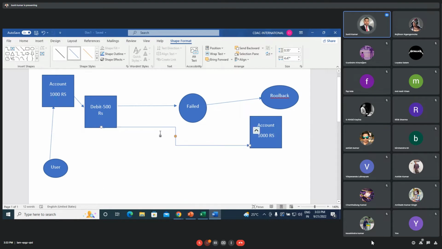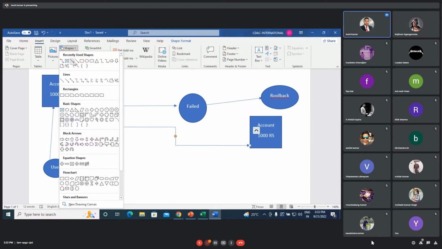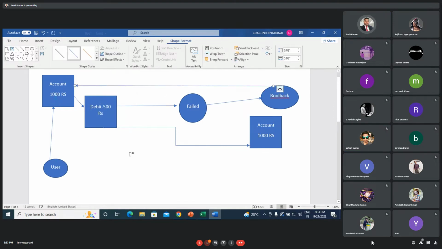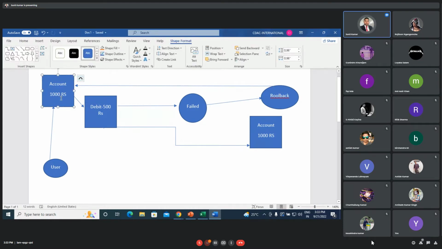Rollback. If the transaction fails, it should revert. That means it should go back to the original state, the earlier amount in your account. It started from 1000, so 500 rupees was debited, but the transaction failed, so it will roll back.